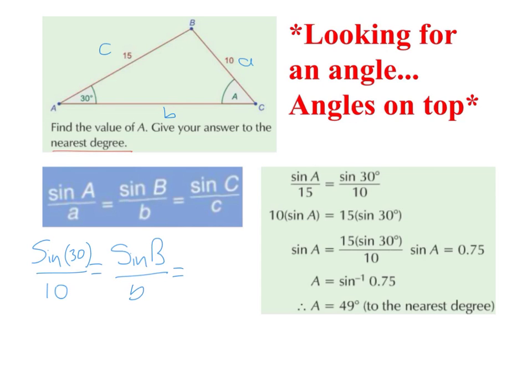And that's equal to sine of angle C, divided by side C, which is 15.